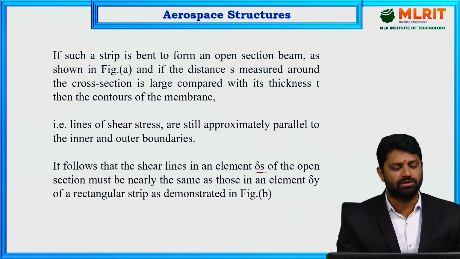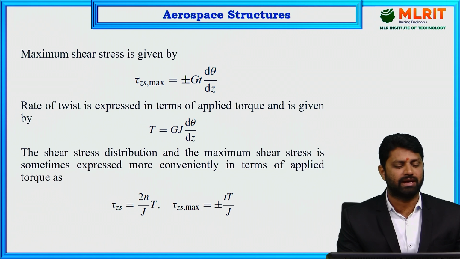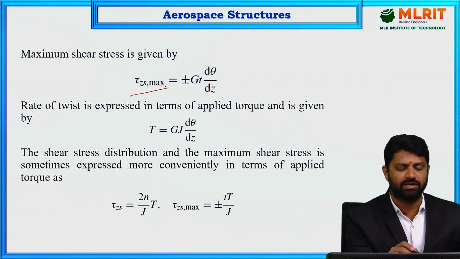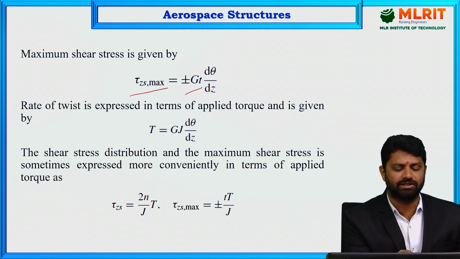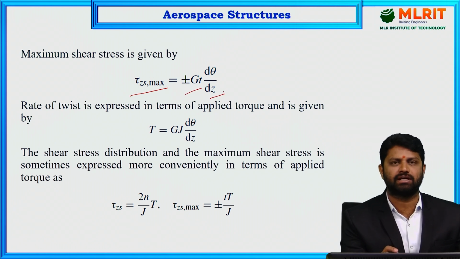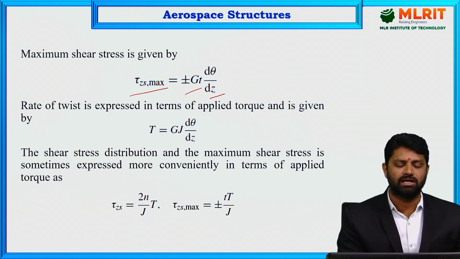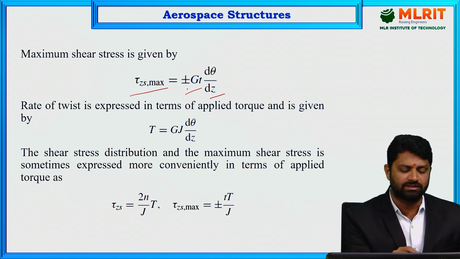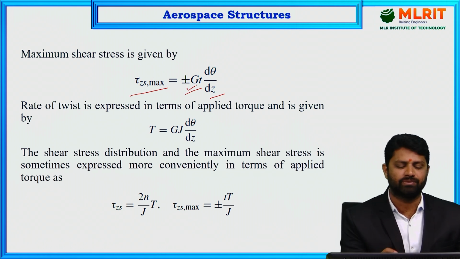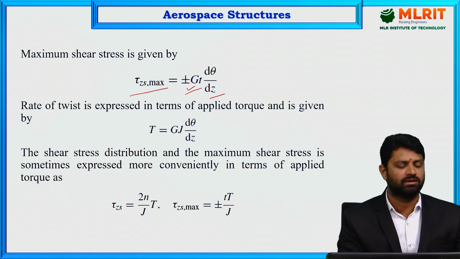Now, the maximum shear stress is given by tau Zs maximum equals plus or minus G t into d theta by dz, where d theta by dz is the rate of twist, G is the modulus of rigidity, and t is the thickness of the beam.